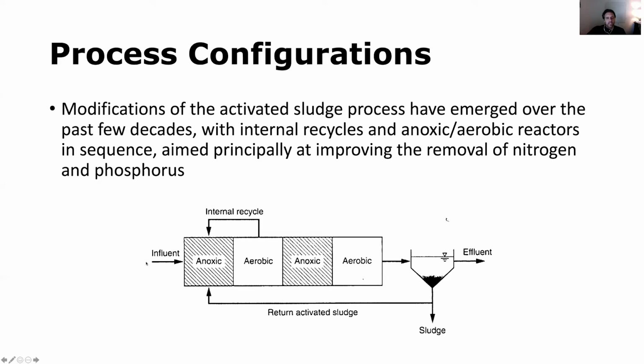So if we were to just have anoxic, aerobic in series, by the time the nitrate is discharged to, let's say, the second anoxic tank where it can undergo denitrification, the carbon concentration is going to be quite low because the wastewater will have already been oxidized by the heterotrophic microorganisms in the first aerobic chamber. So you're going to have very low COD concentrations.